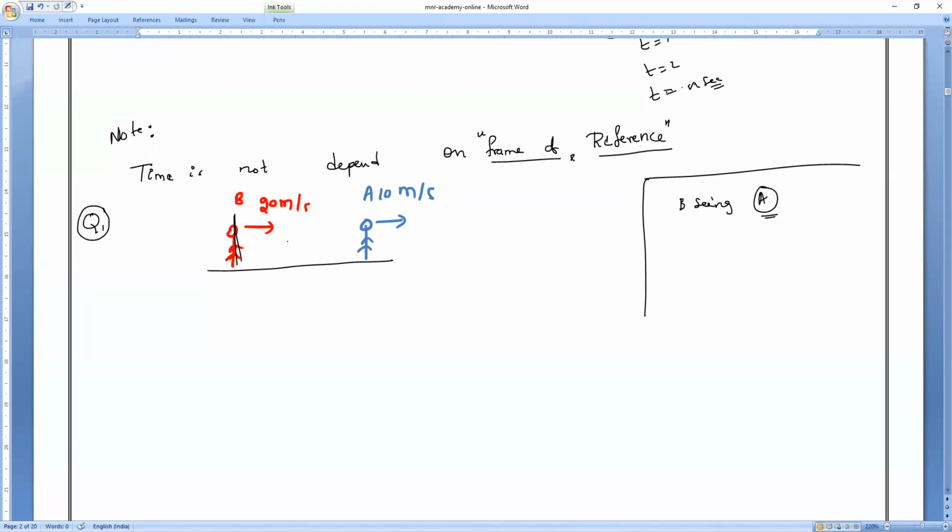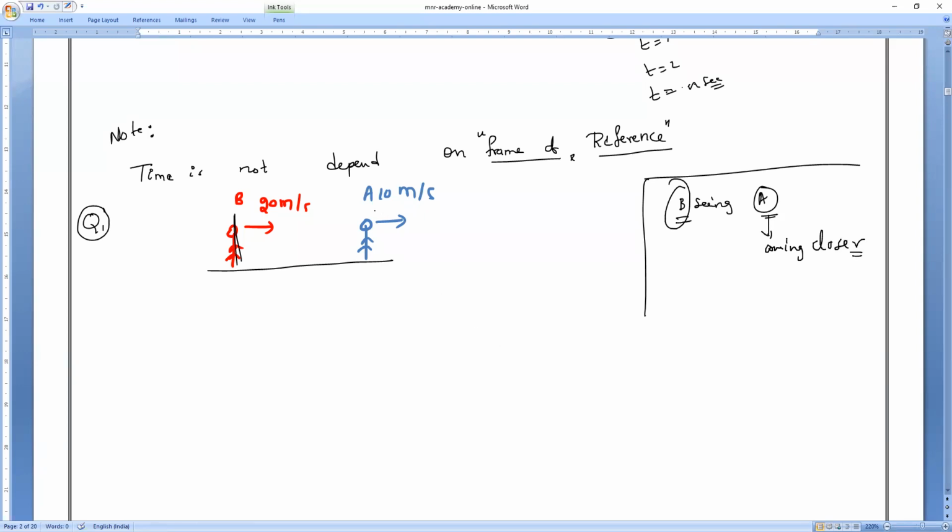Why? Who is traveling faster here? B is faster. Actually, B is moving closer to A. But who is our observer here? B is our observer. So A appears to be coming closer. Are you clear, everybody?